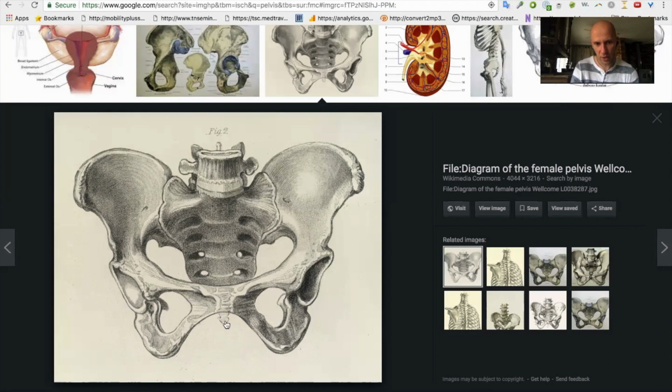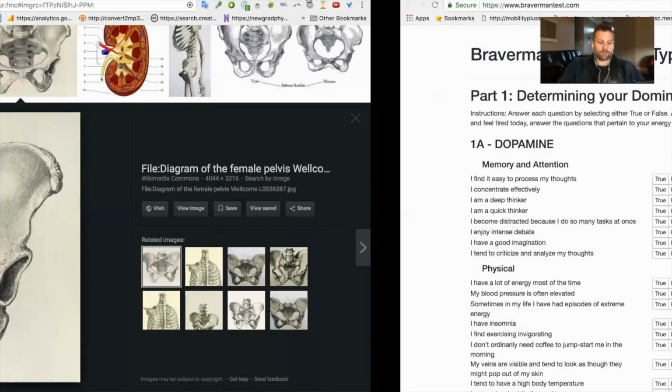So if these are closer together, then as I go to adduct, I have a limitation because of the outlet position. So it's a proxy measure for this, the Obers. Does that make sense? Gotcha, yeah, I see. It's like a proxy pelvic floor test.